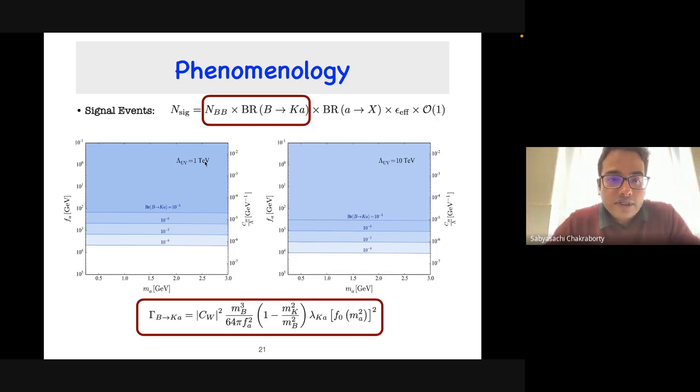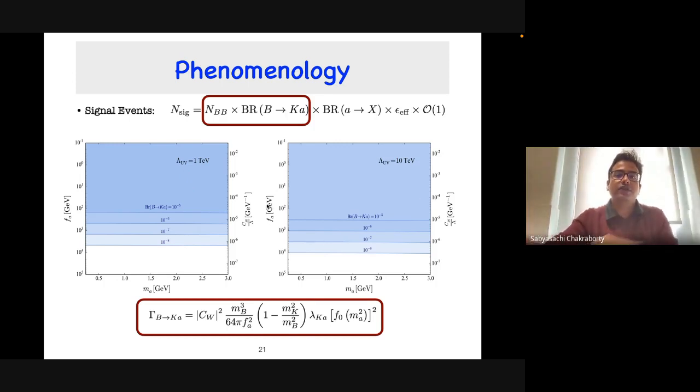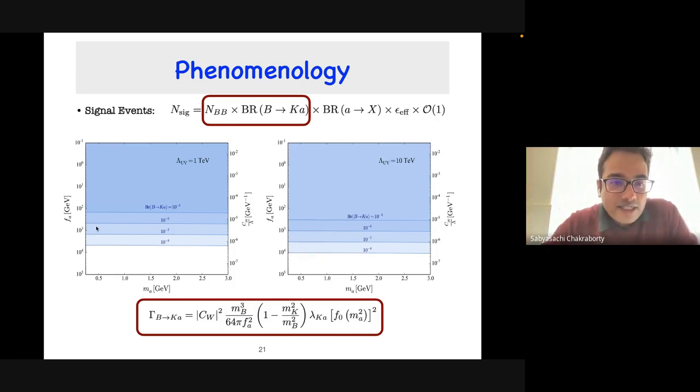As you see, I have two plots where I choose the UV scale to be either 1 TeV or 10 TeV. That means I run it from 1 TeV to the W mass scale or from 10 TeV to the W mass scale. And the branching that I get is around 10 to the power minus 6. Let's say this is 10 to the power minus 6, as I said, the number of BB pairs is around 10 to the power 8.